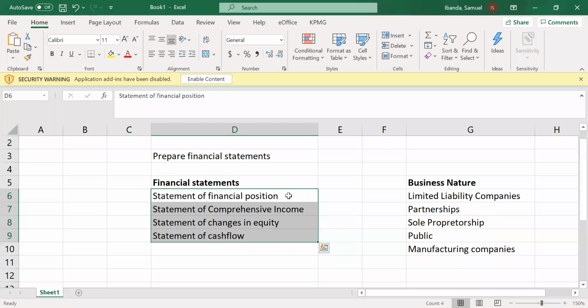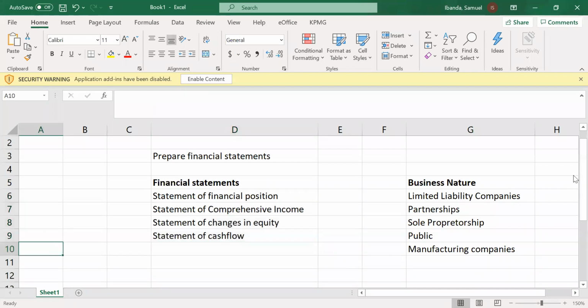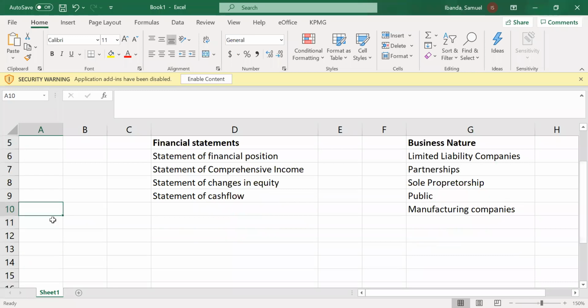So in most cases, remember what we talked about when it came to the accounting process. We say that through our accounting process, we start from a transaction.